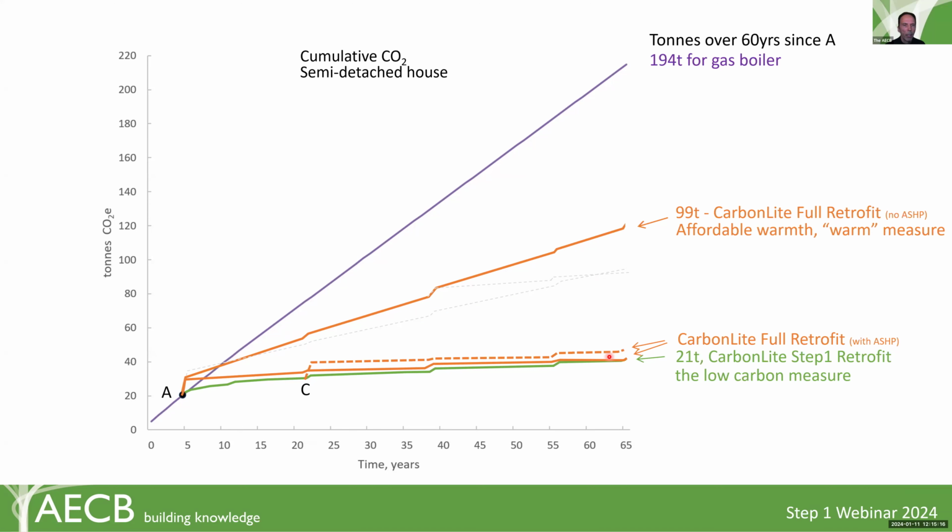Just to simplify a little bit, if we take away the lines which aren't to do with carbon light, and we're still looking at the original house as well, then we can see that we've got down here the step one, which is the green one, and the carbon light full retrofit, there's two lines there with the heat pump, and then there's without a heat pump up there. So it's actually fairly straightforward what we're talking about here. It's really low carbon, or it's possibly not so low carbon if you don't have it with an air source heat pump.